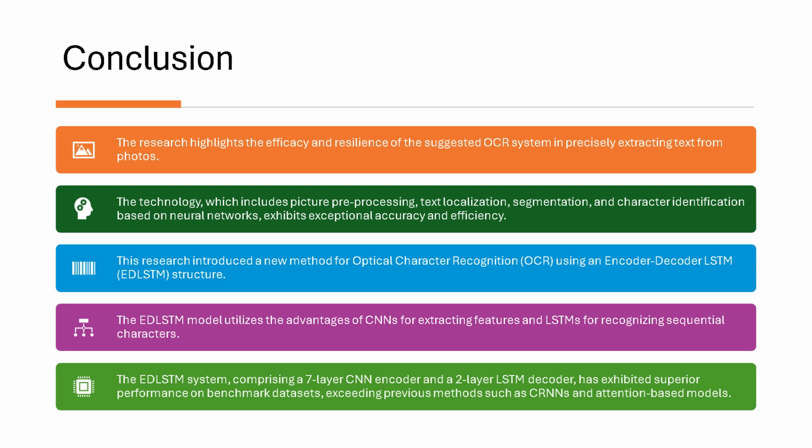The research introduced a new method of OCR using an encoder-decoder LSTM structure. The ED-LSTM model utilizes the advantages of CNN for extracting features and LSTMs for recognizing sequential characters, which is the main idea behind our research.